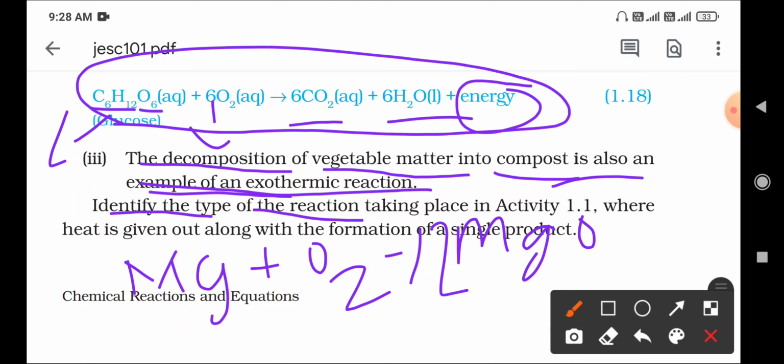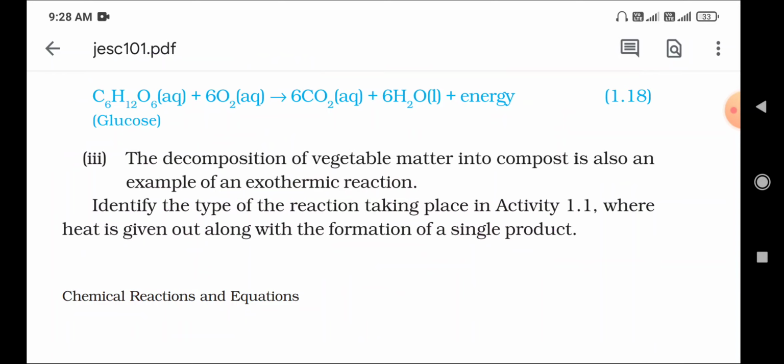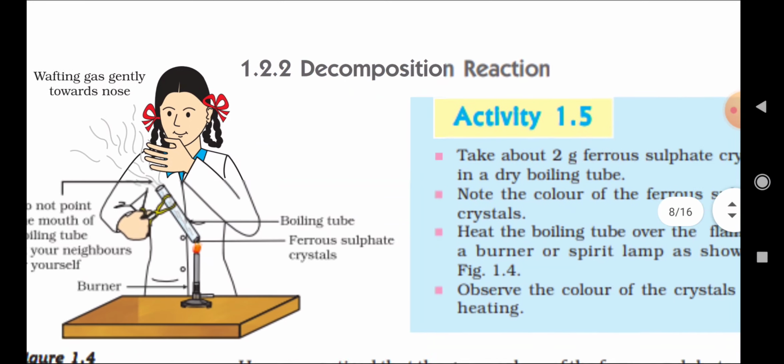This reaction is called an exothermic reaction, because heat is given out along with the single product.